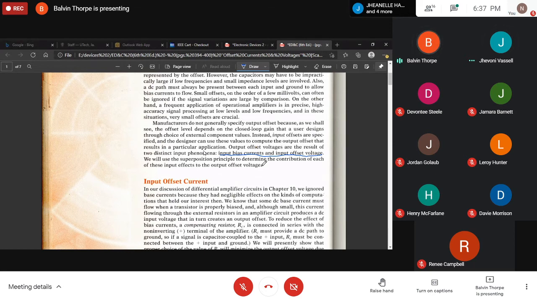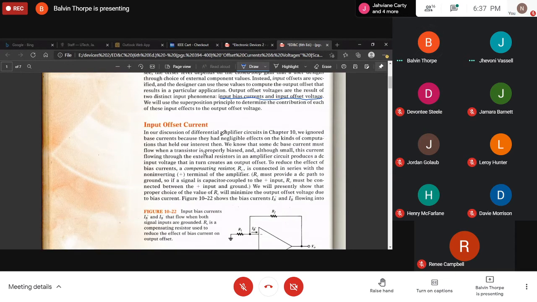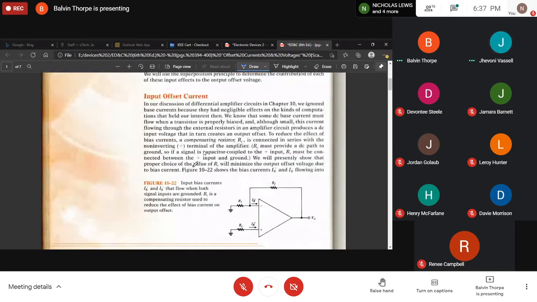All right. So let's look at the input offset current as the first characteristic. You mean the input offset current. Okay. Good. In our discussion of differential amplifier circuits, we ignored the base current because it had negligible effects on the kind of computation that held our interests.